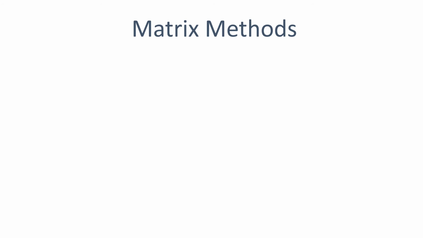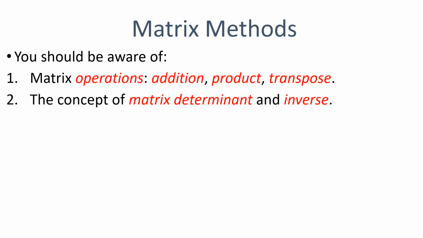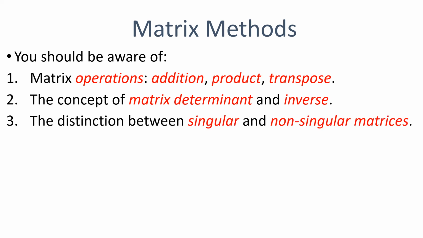For matrix methods, we went on to look at the operations of addition, of multiplying two matrices, of forming the transpose of a matrix. So you have to be aware of all of those. You need to know, again, what the concept of matrix determinant and matrix inverse are capturing.